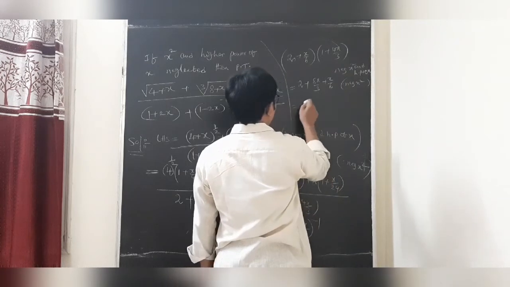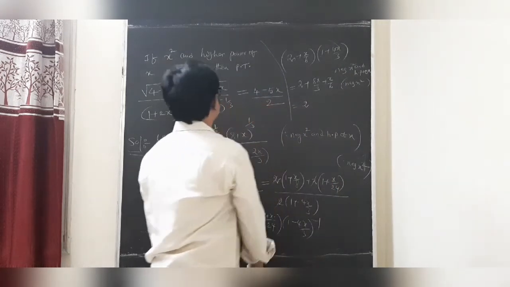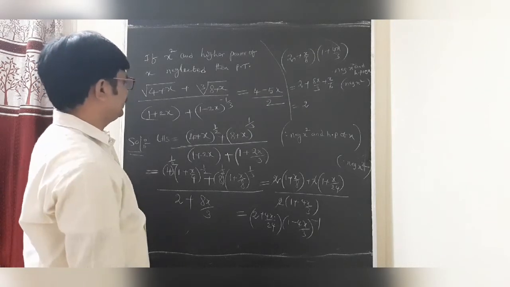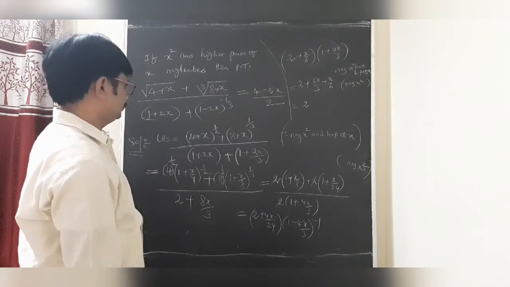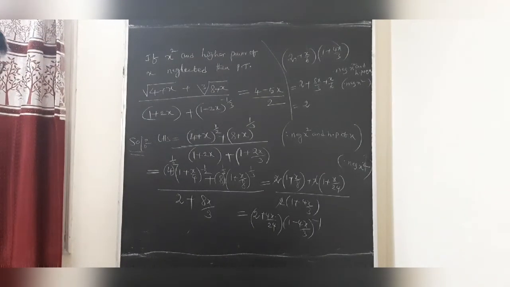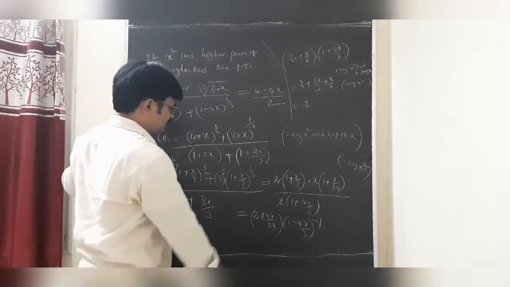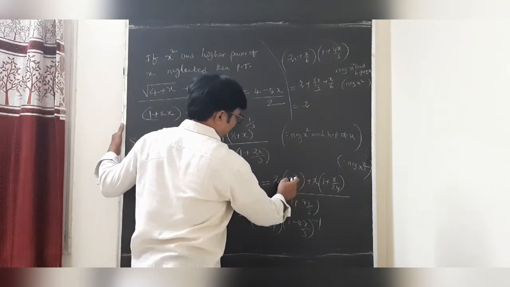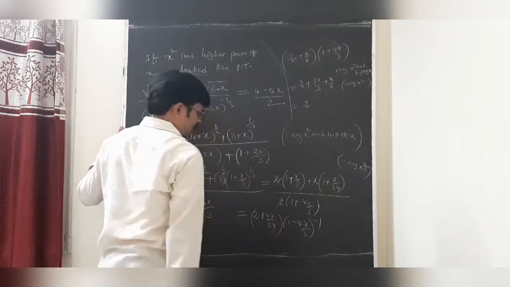Okay students, now this is what? 2 plus, dear students, how can you write this? Just 1 minute students. Dear students, what we observe, this is 1 plus 1 2. This is 8 3s are 3x plus x, 4x by 24.